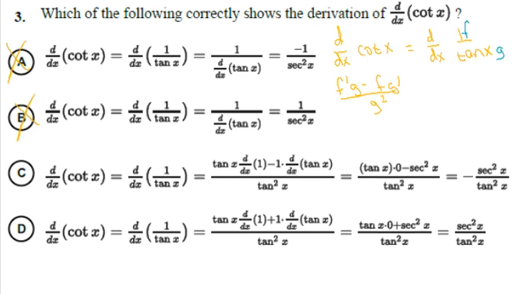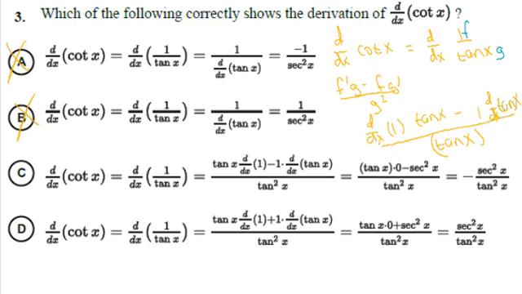We want the derivative of 1 times tangent x, minus 1 times the derivative of tangent x, divided by tangent x squared.